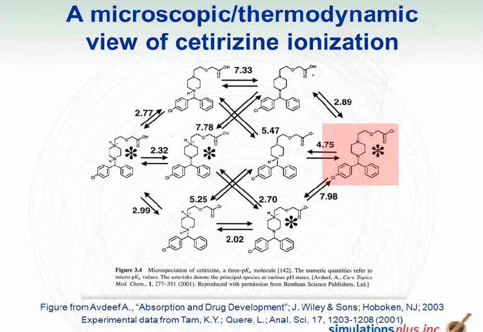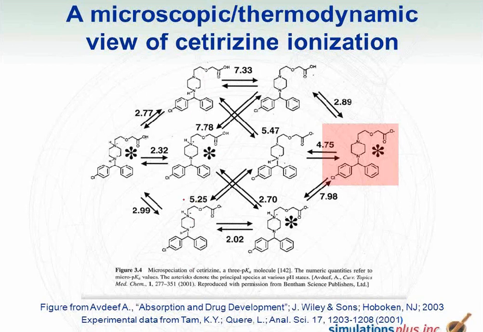It could go on the carboxylic acid, it could go on the nitrogen closest to the phenyl rings, or it could go on the one distal from the phenyl rings. And the tendency, of course, is to say, okay, this pKa is associated with one of these particular microstates. But in reality, all three of these have been observed in solution, and so they all contribute to the apparent pKa.